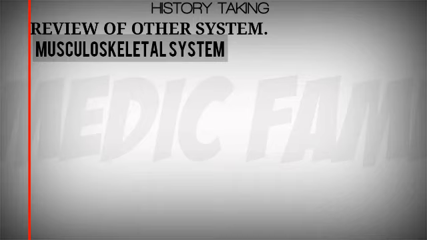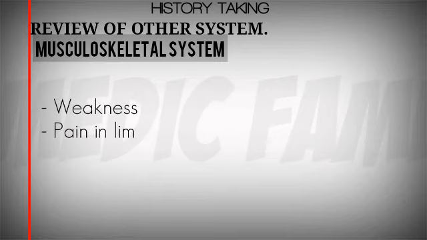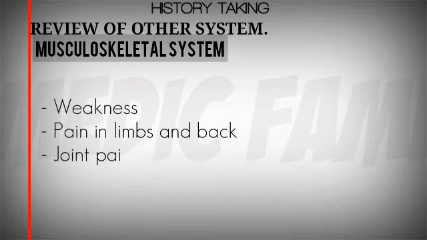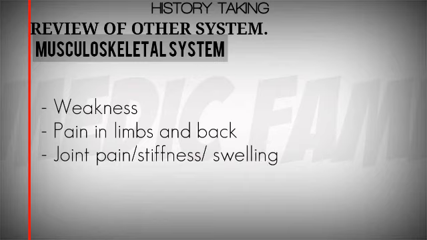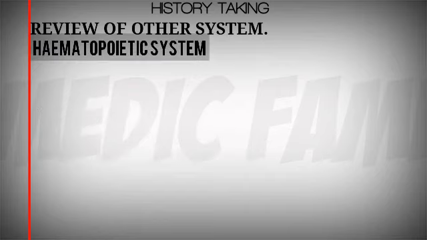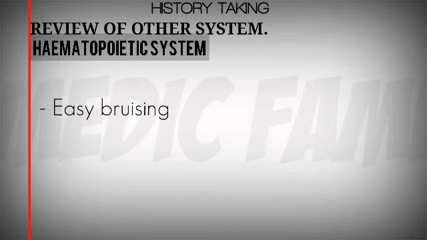In musculoskeletal system, common things are generalized body weakness, pain in limbs and back, and also muscle pain, joint pain, stiffness, or any swelling. And I will finish with hematopoietic system, on which the common things are easy bruising and bleeding tendencies.